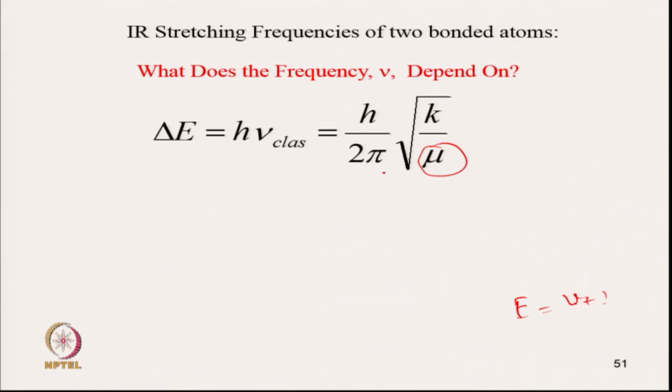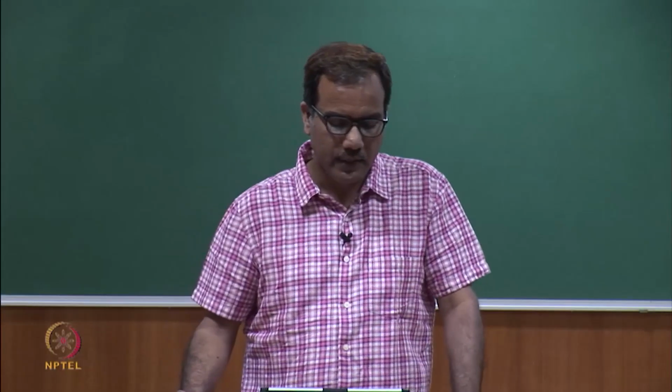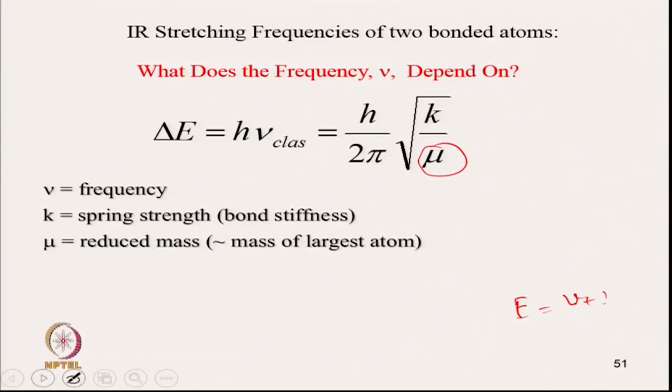So the frequency of transition is going to depend on mu and k. Here nu is frequency, mu is reduced mass, k is spring strength, and we can relate it to bond stiffness.